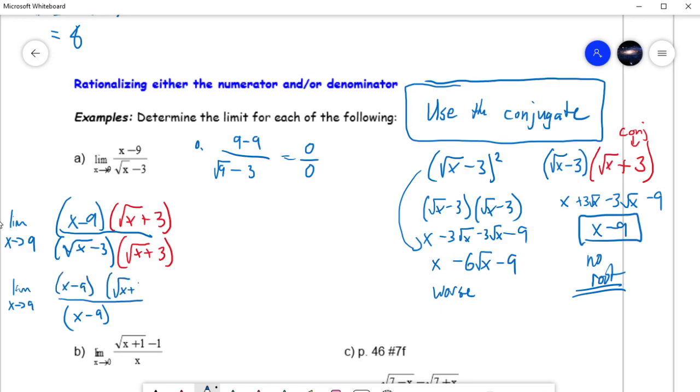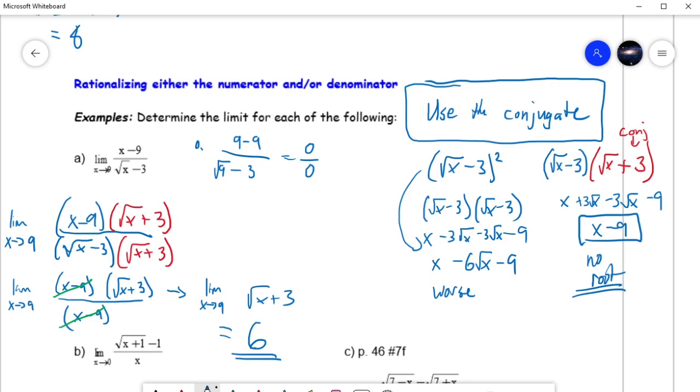Look what happens when you multiply the top and bottom by the conjugate. Oh, look, all of a sudden, I've got a bracket that's repeated on the top and the bottom, and I end up with limit as x approaches 9 of root x plus 3, and I can sub into that.